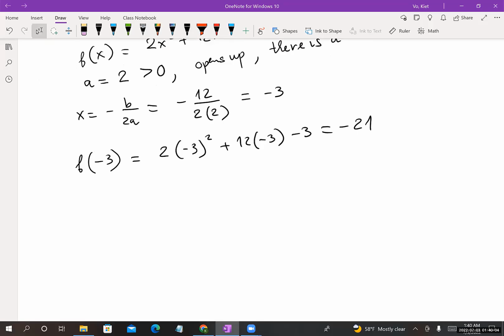Okay, so we have answered that the minimum value is negative 21. That is, f of negative 3 is equal to negative 21.